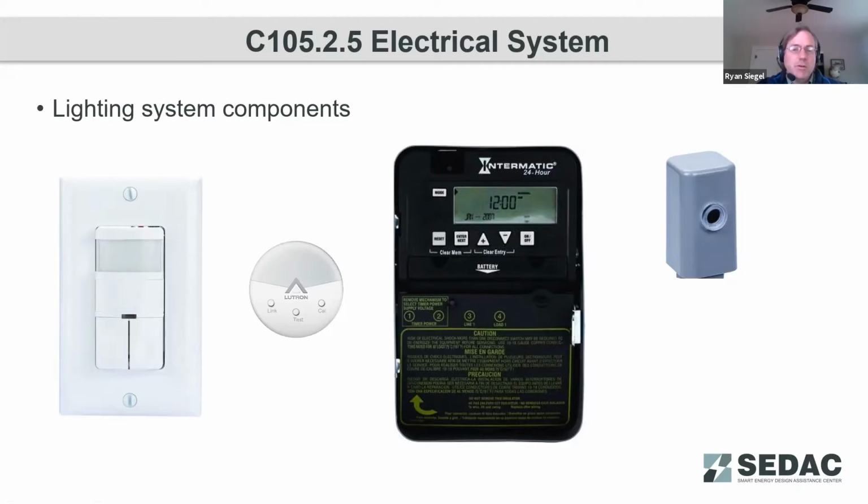Time switches, generally most buildings are going to require 2 of them, depending on which control methodology they select for their exterior lighting controls. But there's likely to be at least 2 for exterior lighting, and there may be an additional one for interior lighting controls. So do you have all the appropriate components in place, the appropriate number?